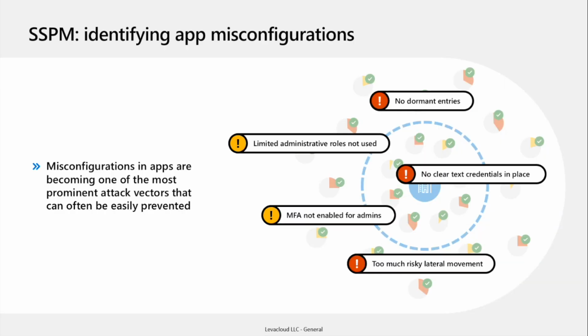Now, app misconfigurations really are a significant attack vector, and a lot of times they can be mitigated with sort of simple adjustments. You can see here a few examples of things that commonly pop up. Clear text credentials, excessive admin roles, dormant entries.